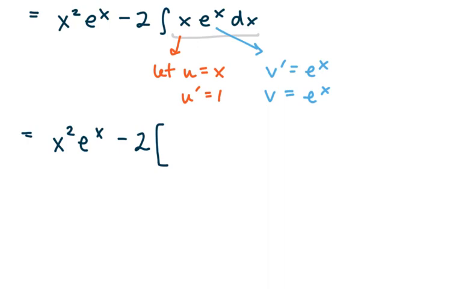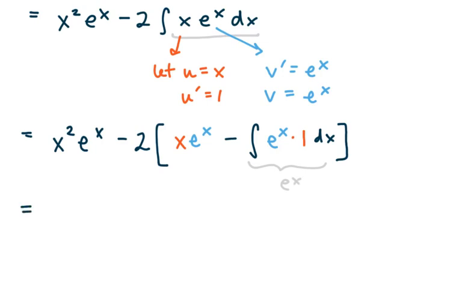And repeating my integration by parts formula, that's going to be uv, or x e to the x, minus the integral of v u prime. So e to the x times 1 dx. And of course I don't need that 1 there. This last piece, the integral of e to the x, is just going to be e to the x.